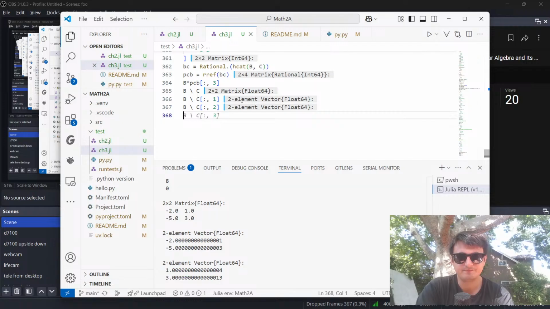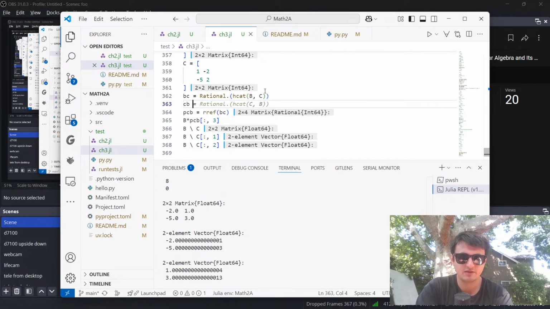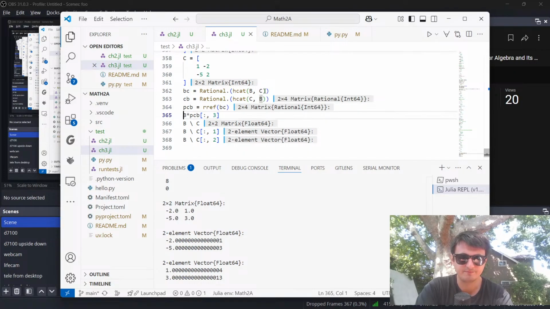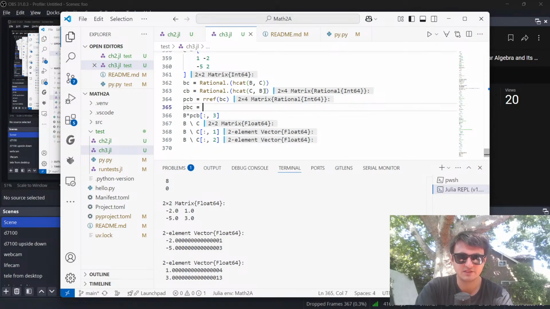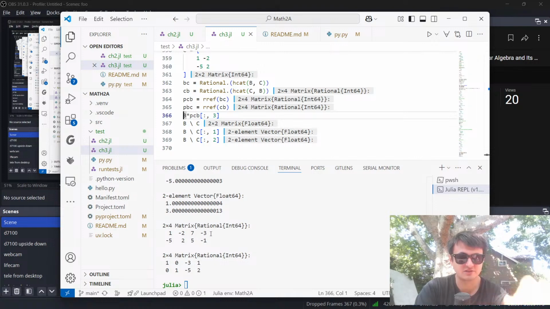So if instead we do CB, then we should get PBC is equal to RFCB. Okay, so let's just check if these two are correct.